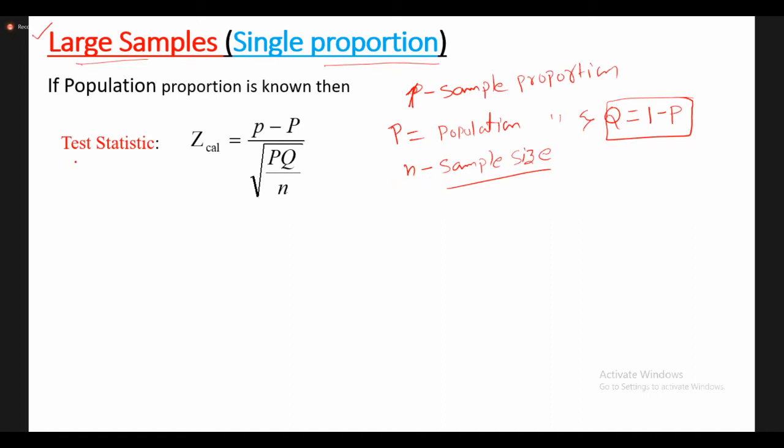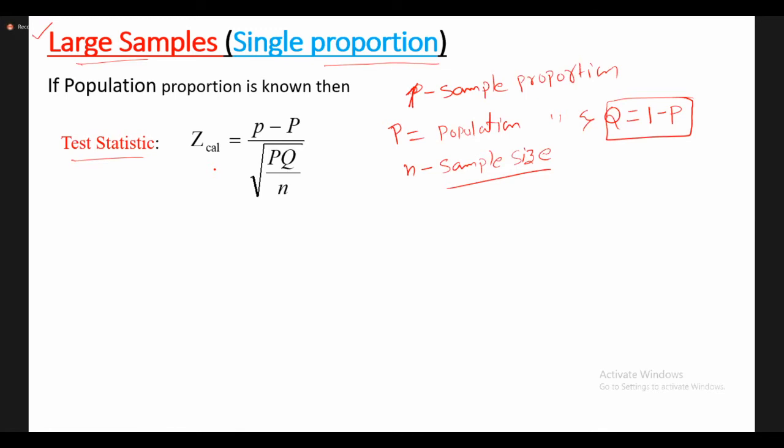That is the test statistic. First we have to identify whether it is a large sample or a small sample. For large samples, we have single mean, difference of means, single proportion, and two proportions.